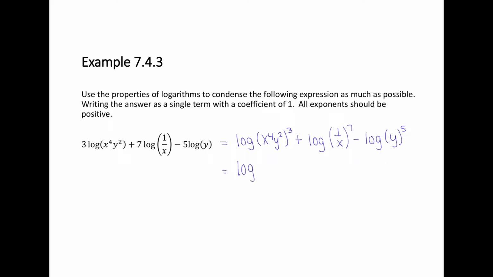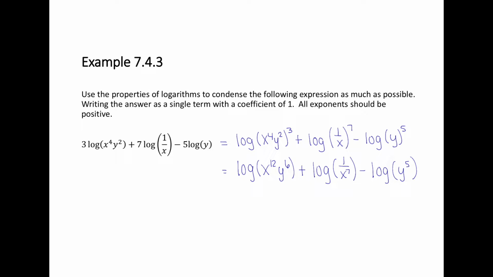So I will have the log of x to the 12th y to the 6th plus the log of 1 over x to the 7th minus the log of y to the 5th. Okay. So again, I took power to a power. You multiply the powers. Here, 1 to the 7th is 1, x to the 7th, and then, of course, y to the 5th.